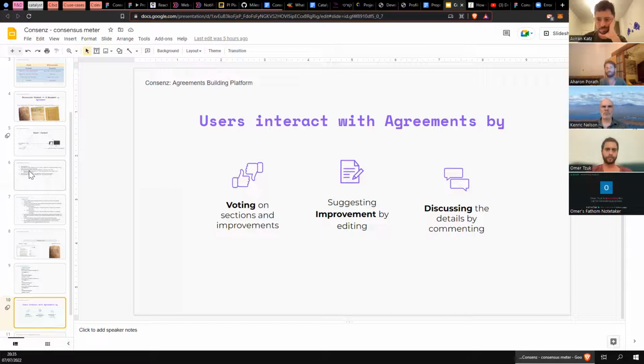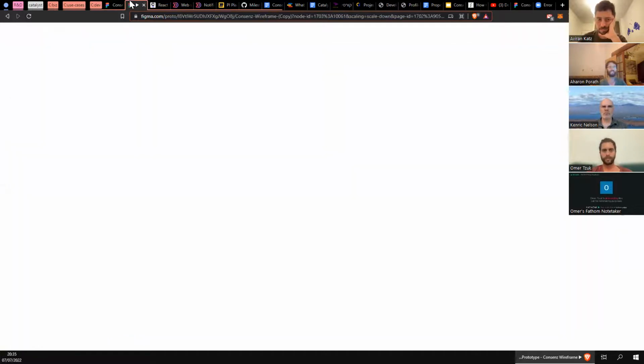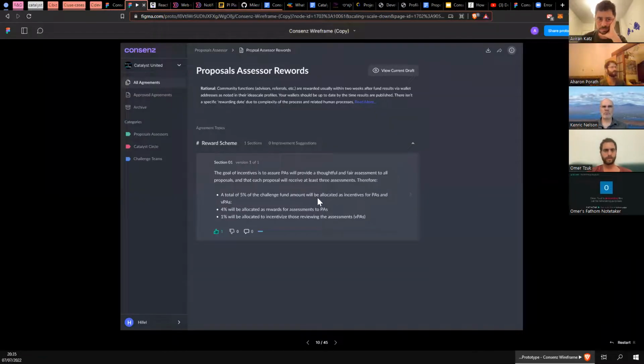I always thought that when people see, do you see the other screen right now? Yeah. This is a mock-up of a Consenz screen. When people see this acceptance bar and the voting, they will ask how it is calculated. And I was surprised to realize that not everybody is really interested in what goes on behind the scenes.